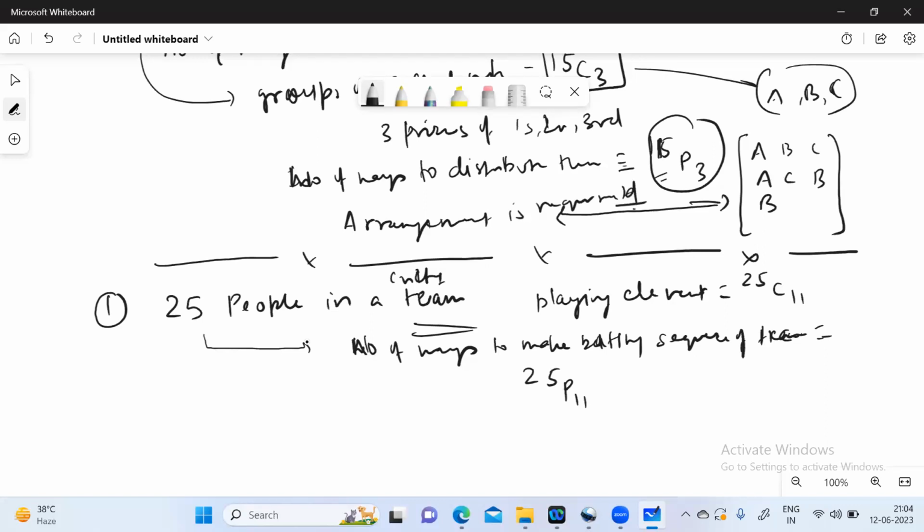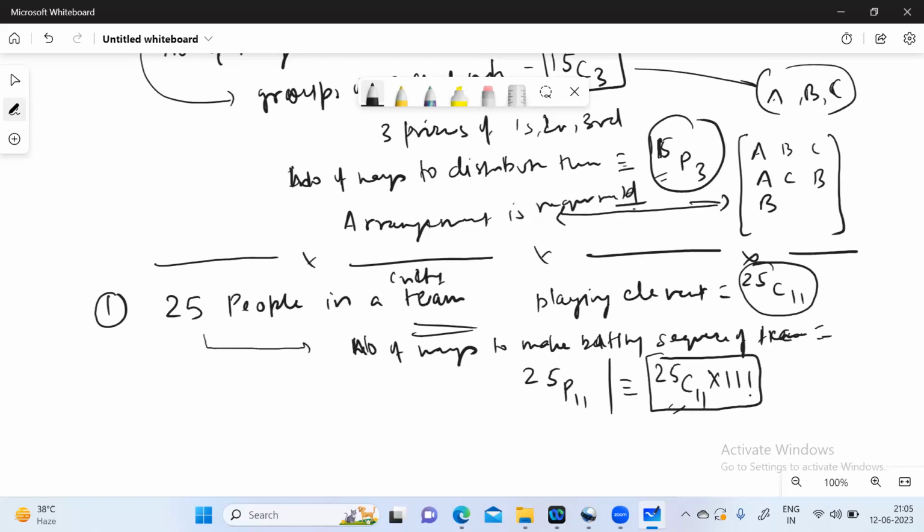And you can also consider it as: once you select a team, you just need to arrange them also. So this is a good way to remember it: first you select a team, and then you arrange the team in 11 factorial ways.